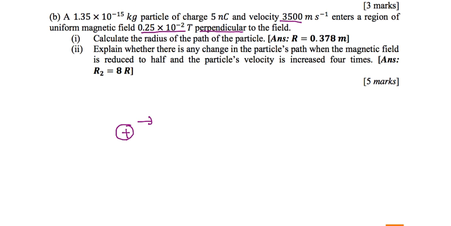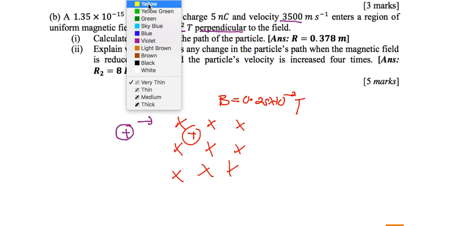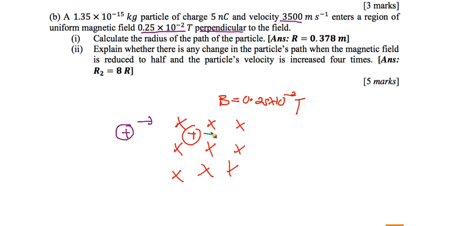The region has a magnetic field into the page, with B equal to 0.25 times 10 to the power of minus 2 Tesla. Now you have a positive charge here.